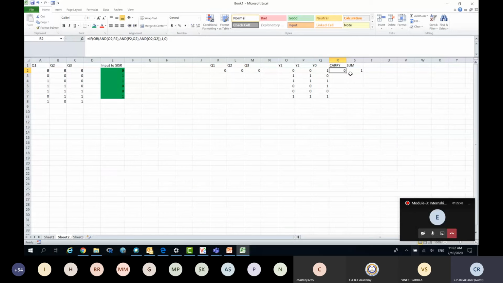So if I continue this, verify: 0, 0, 1 is giving me 0, 1; 1, 1, 0 is giving me 1, 0. This is giving me 1, 1. This is giving me 0, 1. Okay, so I believe it's correct. So far so good.